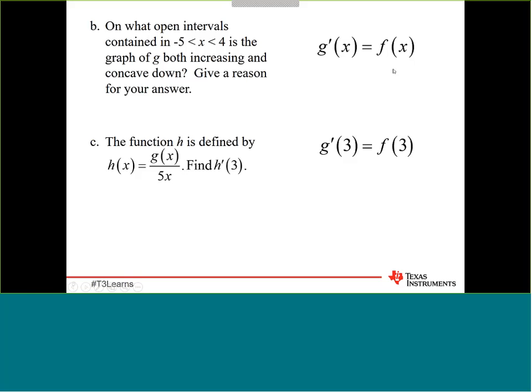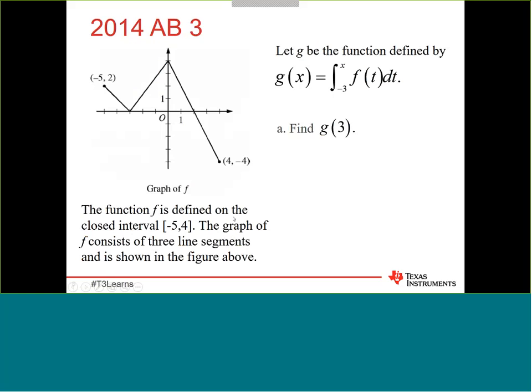It comes from that connection again, the fact that the derivative of g is f. I'll go back to the graph, and do you remember me pointing out that at 2, this point would be (2, -2), so g prime of 3 would be -2 because it's f of 3, which is -2.